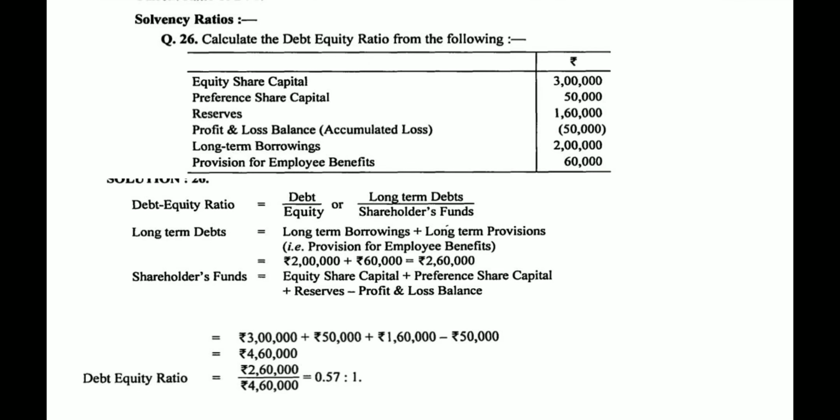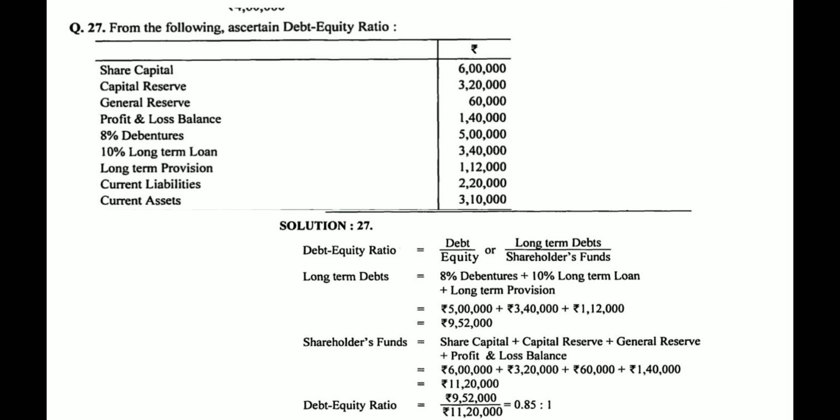Okay. Now the next question is, from the following ascertain the debt equity ratio. Okay, so it is quite easy. Just you have to find out long term debts. So long term debts are 10% debenture, long term loans, long term provisions. All these are the long term debts.